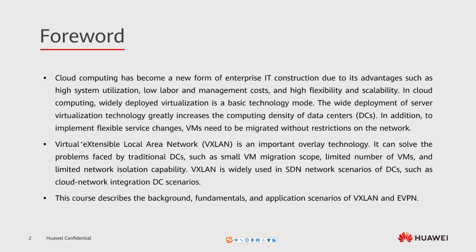So maybe you will find that it has some relationship with VLAN, and it is used to build an overlay network, and it can solve some problems that VLAN cannot solve. So now we will learn why we need to use VXLAN and what the requirements of cloud computing are, so that we need to develop a new technology that we call VXLAN.